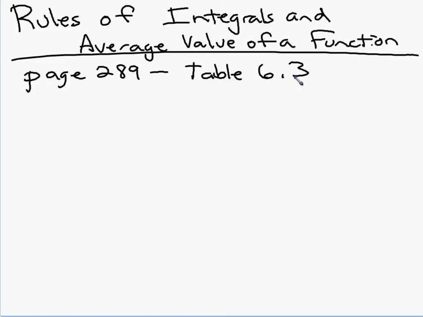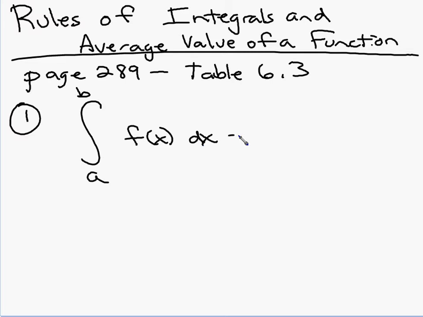So, the first one says that the integral from a to b, remember integrals are areas. So if I have an integral from a to b, I'm calculating an area from a to b of f of x dx. Number one says that that is the same thing as the integral from b to a if I just multiply it by -1. Okay?